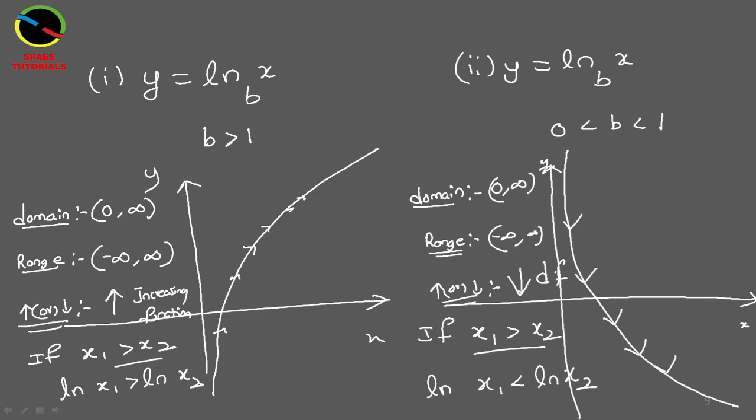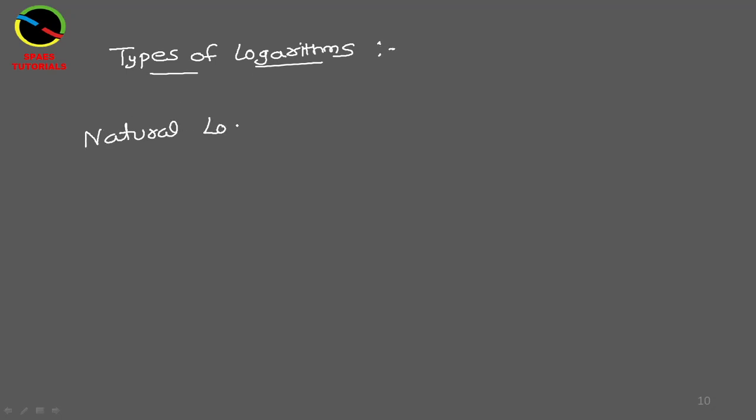Now let us discuss one more small thing here. Very simple topic, that is types of logarithms. Just now we have seen that bases will be there. So there are two types: natural logarithms and common logarithms.